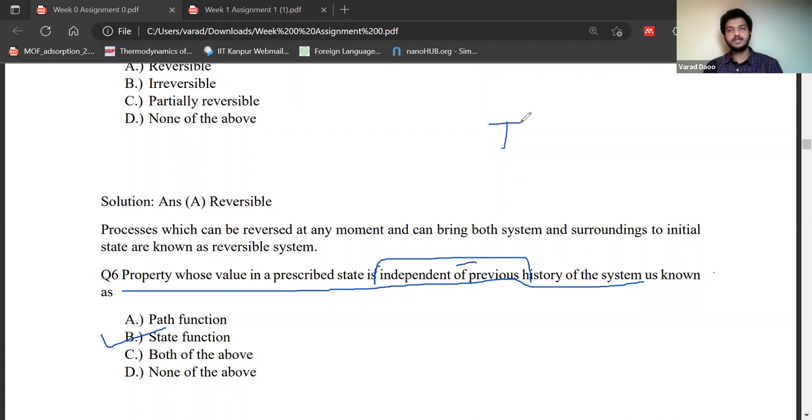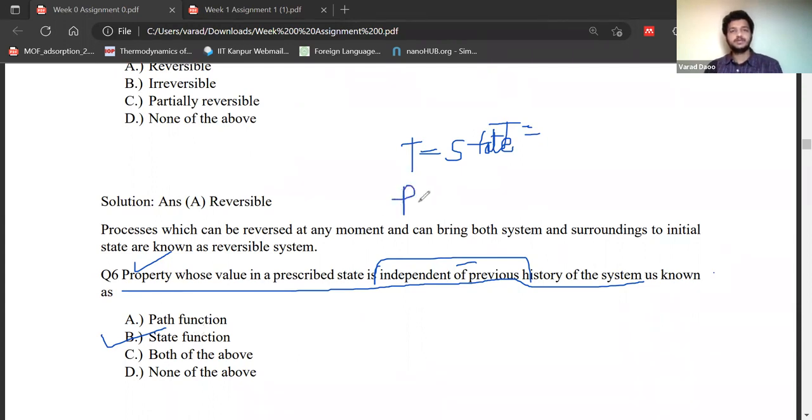Like for example, temperature. All the properties are always state functions, right? That is one of the requirements for a particular thing to be called a property. So temperature is a state property. It doesn't depend on the previous state, right? We do not care how the system arrived at that particular temperature. We just care what the temperature is.